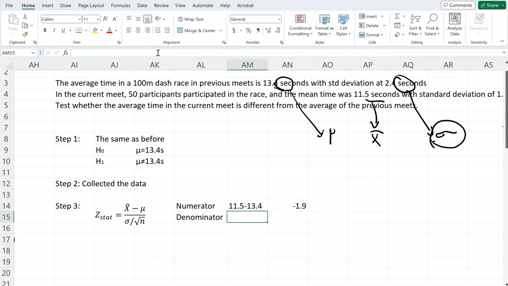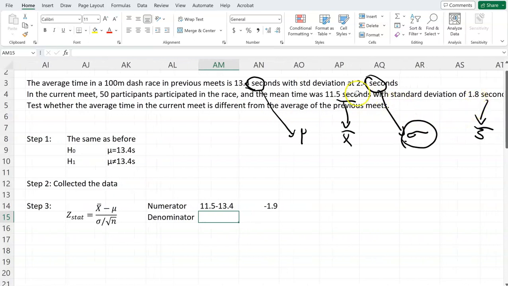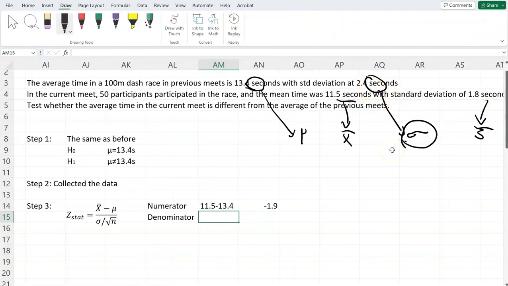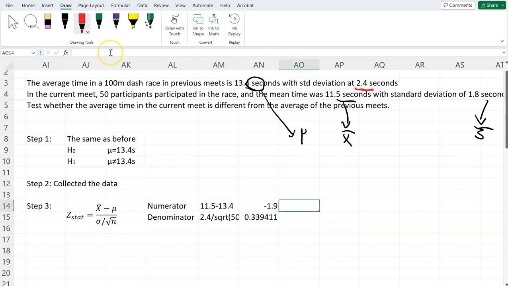For the denominator, instead of using the sample standard deviation, which was 1.8 seconds, I will use the population standard deviation, which is 2.4 seconds, which was given right up here. So the denominator is 2.4 divided by the square root of n, which is 50. Then the z-stat is the numerator divided by the denominator, and it comes up to be 5.59.